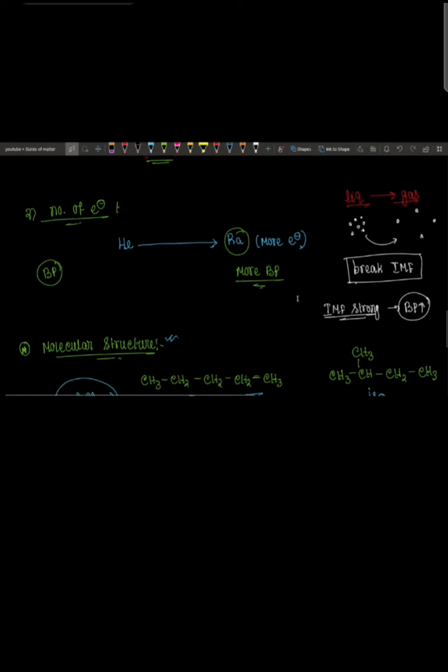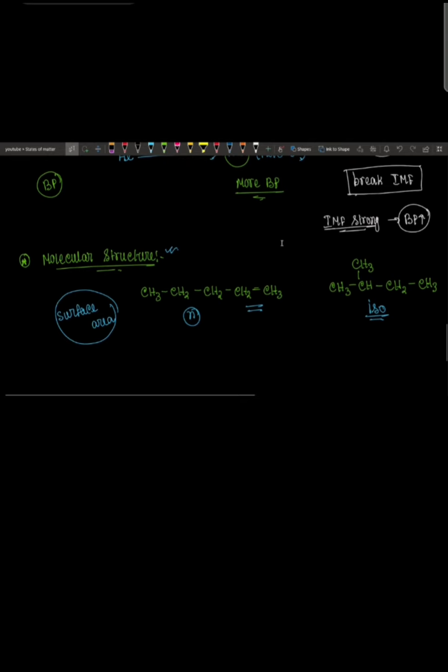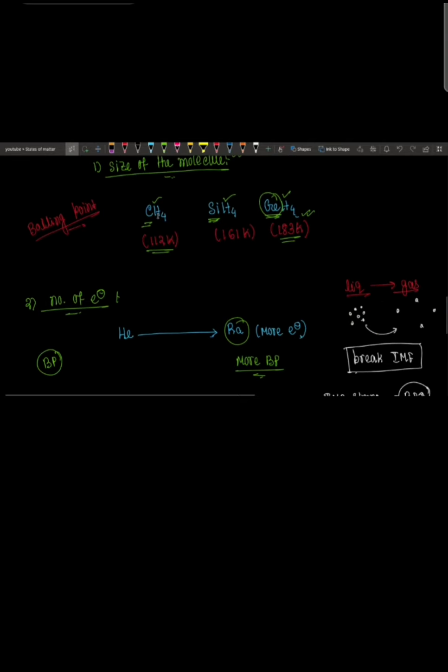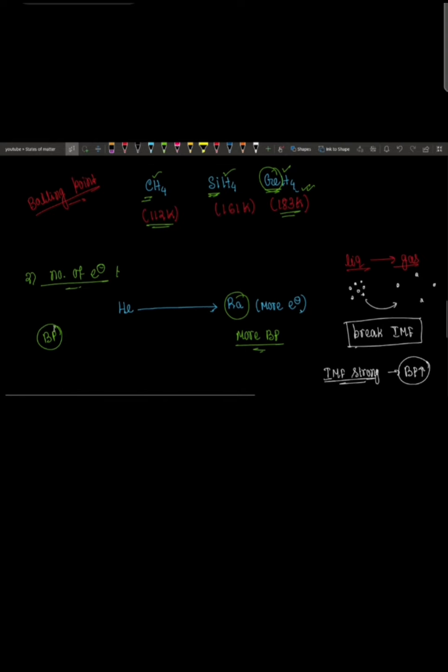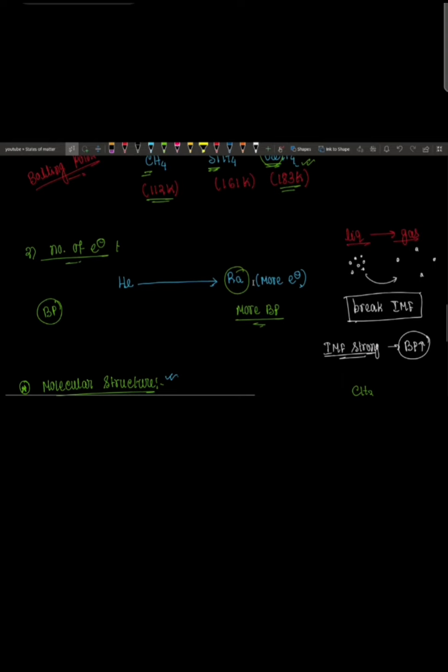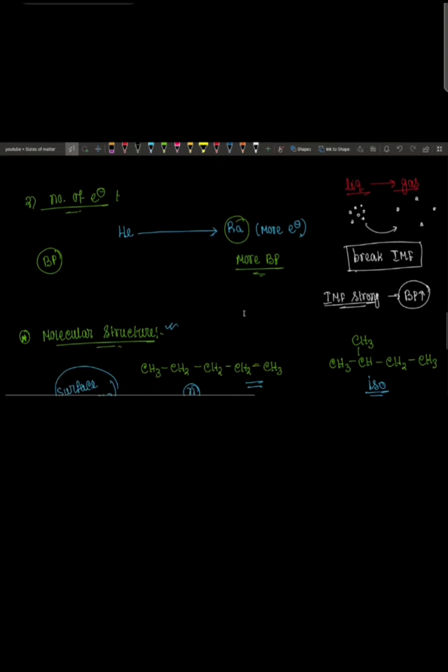Now you can see that's what we are talking about. The intermolecular forces depend on the size of the molecule. So for CH4, the intermolecular force is strong. That's why its boiling point is higher. For radium, the intermolecular force is strong because it has more electrons. That's why its boiling point is also higher.